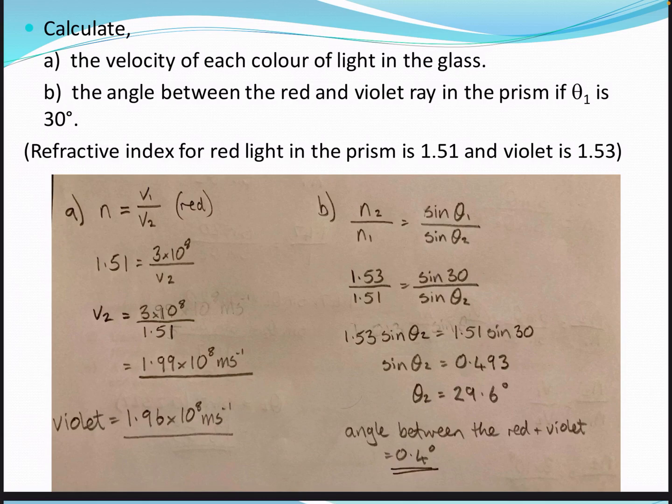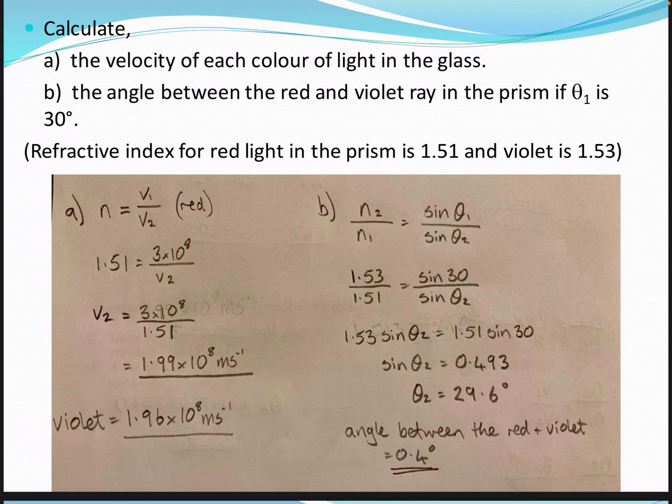Part B was then asking you to work out the angle between the red and the violet ray in that prism. So at that point, we're just looking at comparing the two refractive indices inside the prism and the two angles, working out the ratio between the two, doing some rearranging, and we end up with theta 2 being 29.6 degrees, which means that the difference is only 0.4 degrees, so it's not very much.